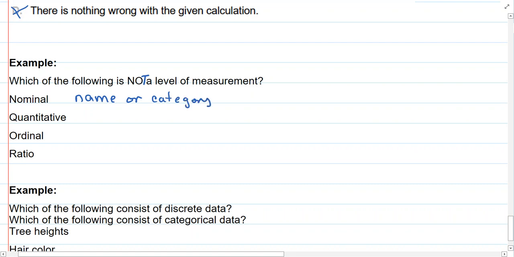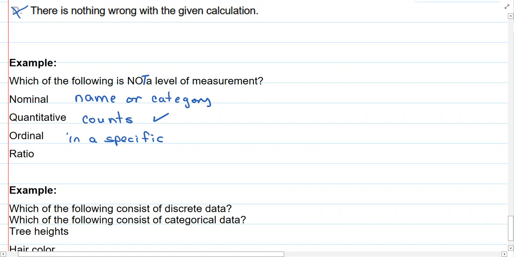So that's not a measurement. Quantitative, yes, counts. Therefore, this is it. Ordinal is in a specific order. So no, not countable. And a ratio.